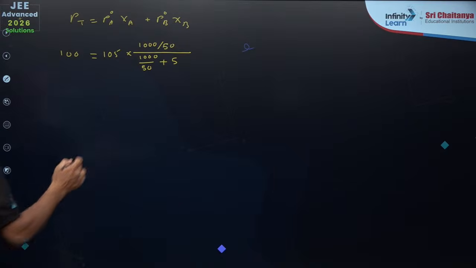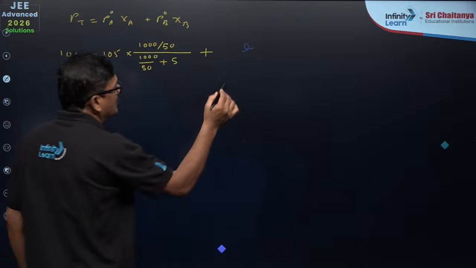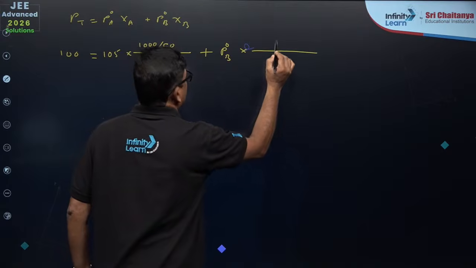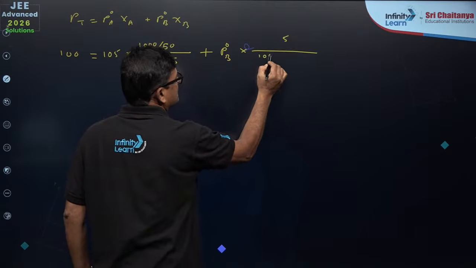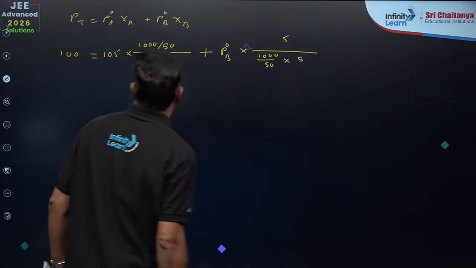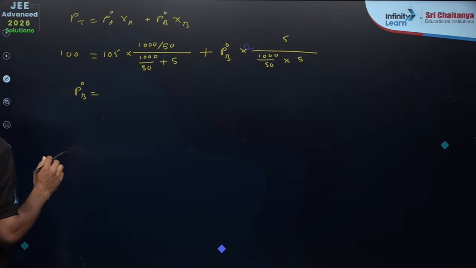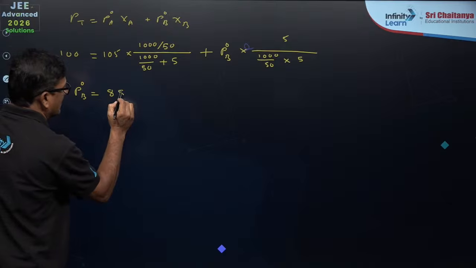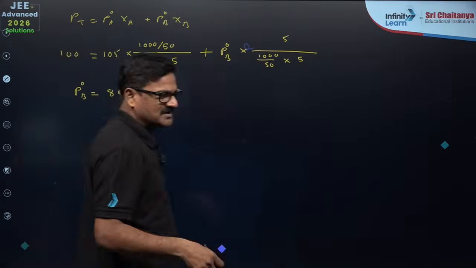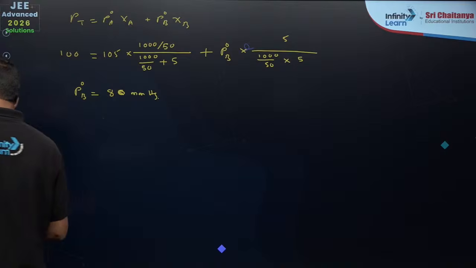And on solving, plus P naught B, which you have to evaluate, P naught B into 5 upon (1000 by 50 plus 5). On solving, P naught B comes to 80 mmHg. I got it, 80 mmHg. So this part you can calculate, and from there you can calculate the mole fraction.